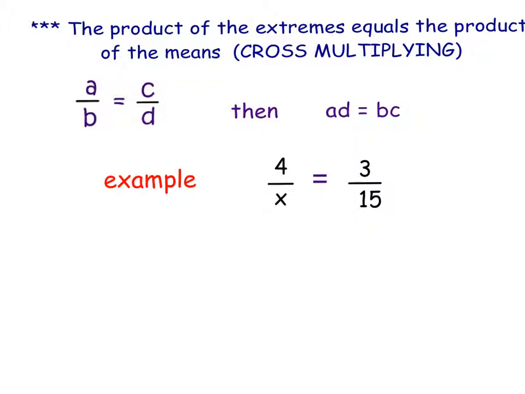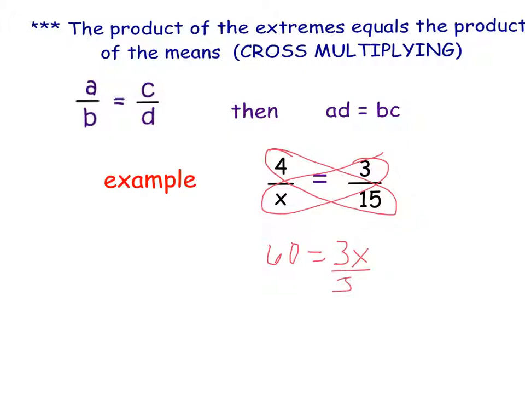So I usually show it like this. 4 times 15 is 60, and that's going to equal 3 times x. And then we can solve the equation. It's multiplied, so we have to divide. And then we can check by plugging it back in.